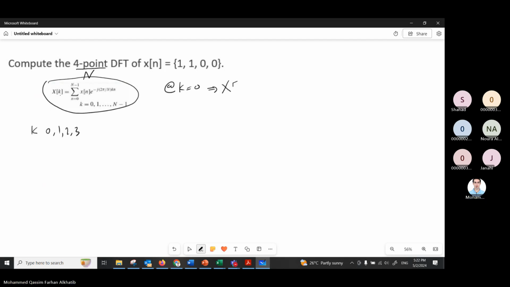So I will get X of k equals summation, n equals 0 to 3. Now the lowercase n is for the point in here: 0, 1, 2, 3. Why? Because it's N minus 1, 0 to 3. Now x of n times e to the power minus j 2 pi over uppercase N times k n.